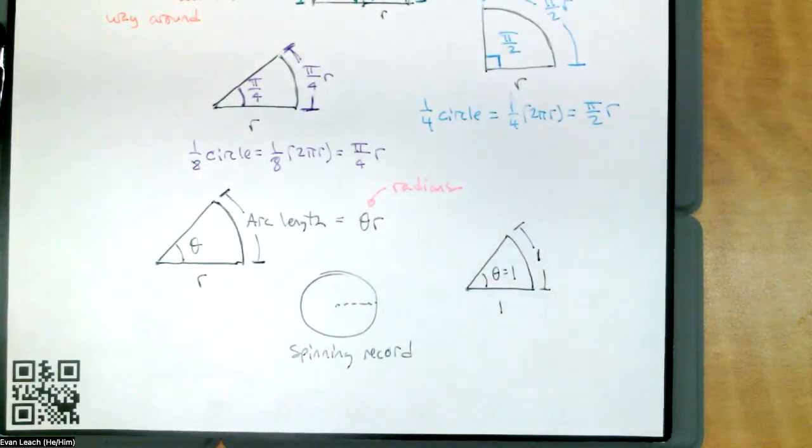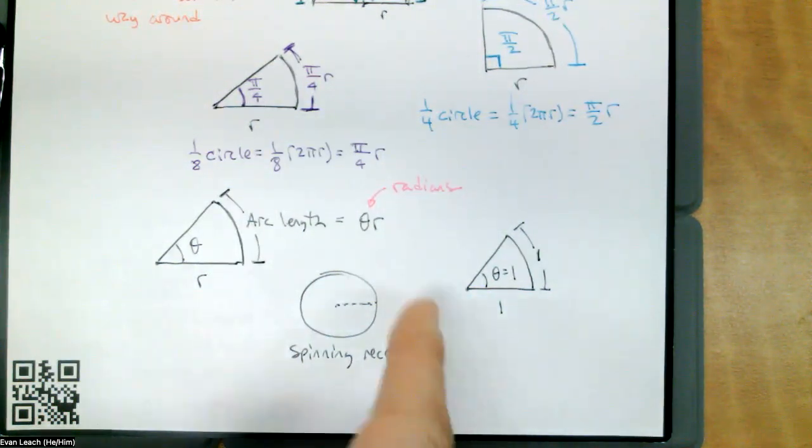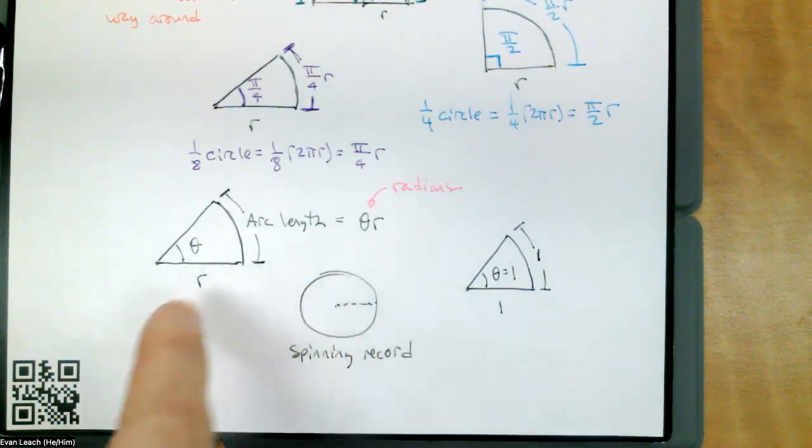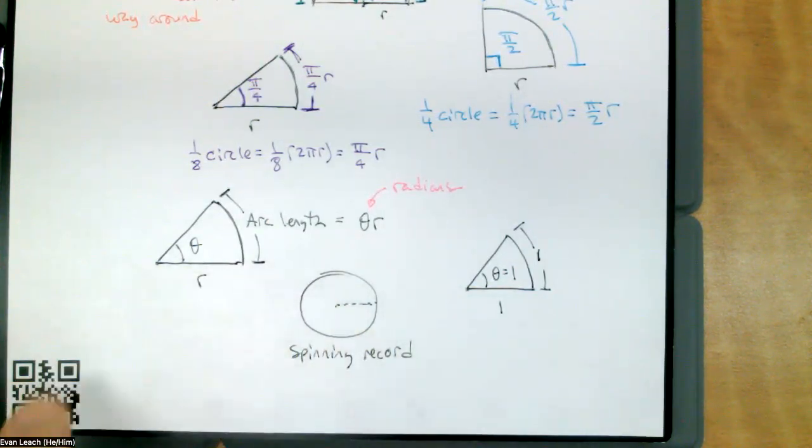So I want you to imagine the spinning record. This record is spinning right round, like a record, right round, round, round. So the angle, everything on the record is going around at the same rate. It has the same angular velocity.